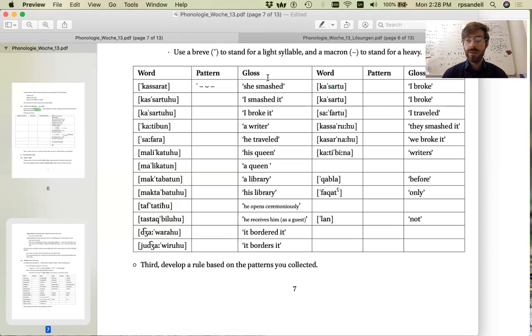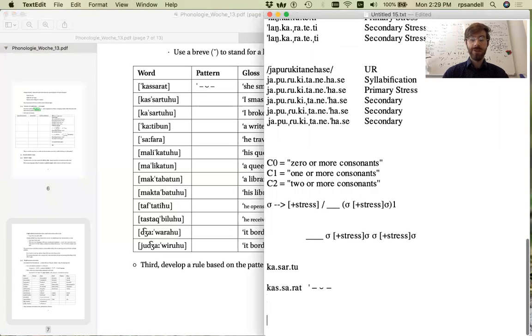So the difference between the words in the column on the right and the words in the column on the left is that all of the words in the column on the left have a light penult, whereas the ones in the column on the right have a heavy penult.